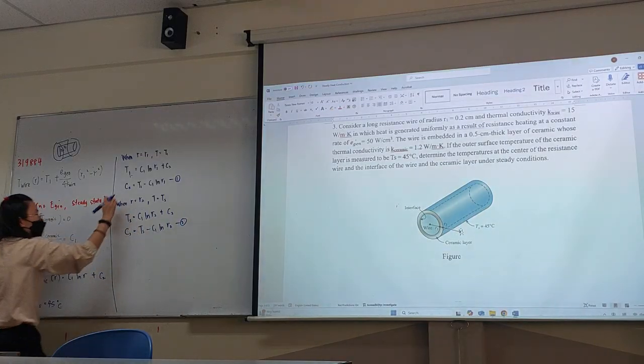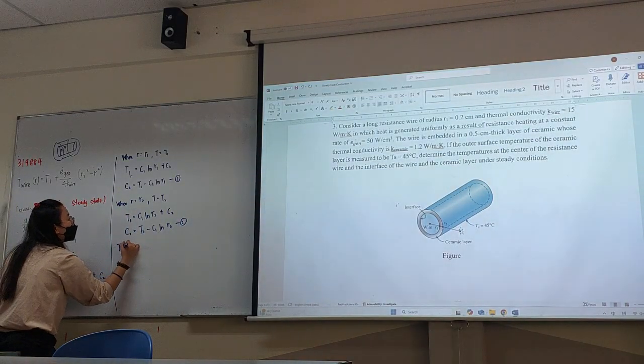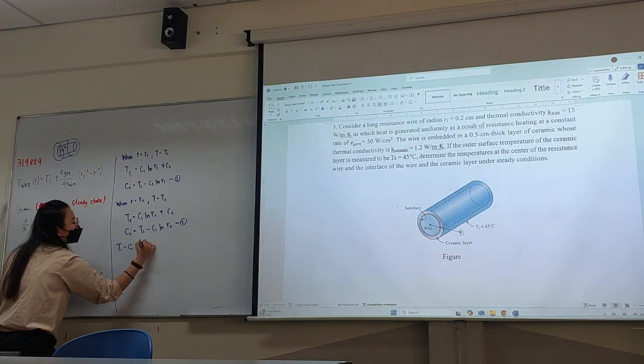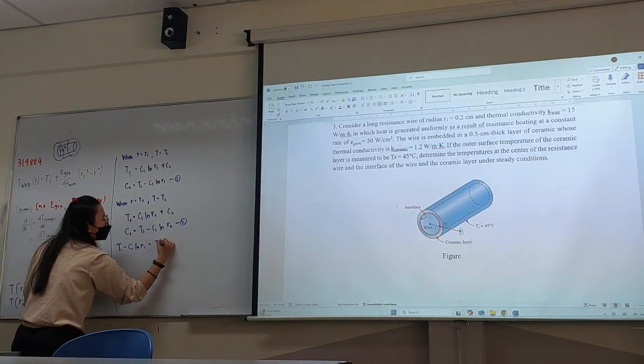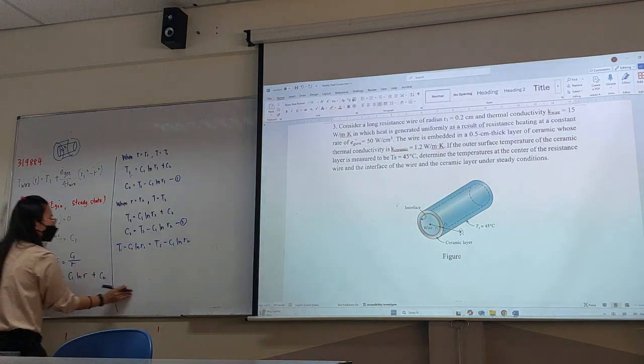Now solve the two equations. T1 minus C1 ln R1 equals Ts minus C1 ln R2.